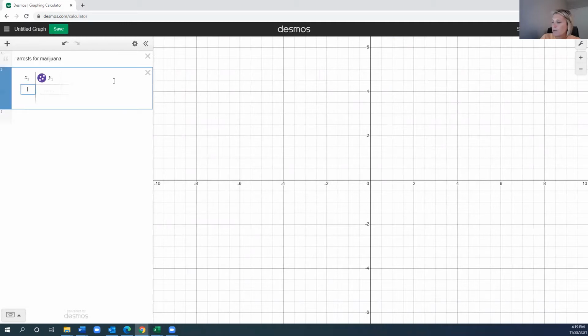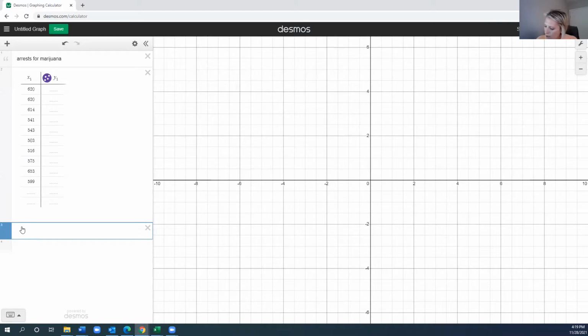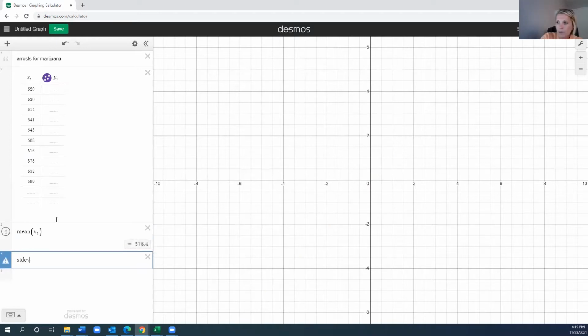I'll put it in the table, and we're going to type these in. And they asked us to find the mean and sample standard deviation. So the mean of X1 and the sample standard deviation. Notice I don't have a P because it's sample standard deviation.